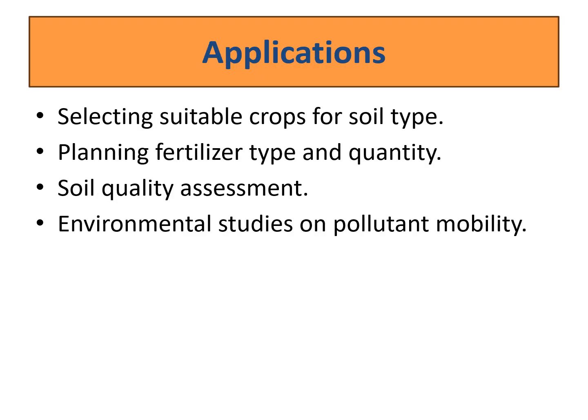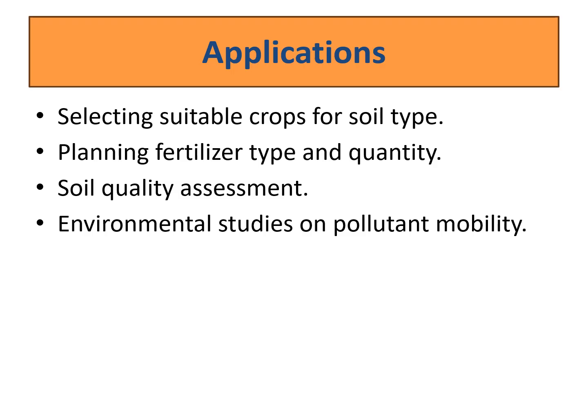Let us end with everyday applications of CEC. Farmers use CEC values to choose the right crops for a soil. Soil testing labs use CEC to recommend fertilizers. Environmental scientists use it to assess pollution risk and nutrient cycling.